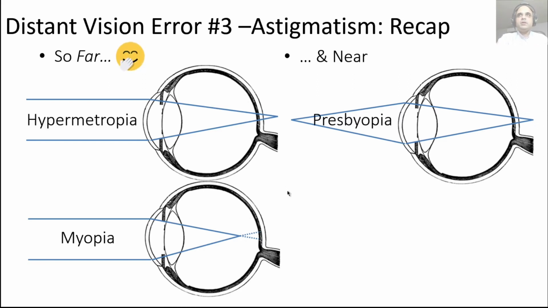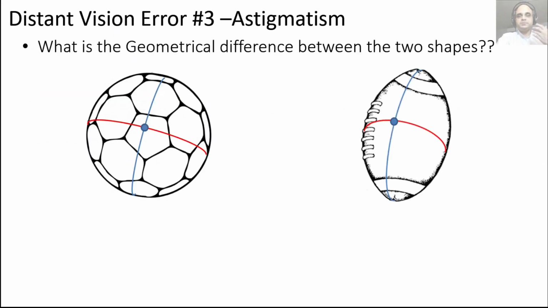Before we go on and actually talk about astigmatism, let's just look at these two spherical shapes or geometrical objects and try and figure out how they are geometrically different from one another. And the best way to describe that is by their radius of curvature. In spheres, the radius of curvature remains the same no matter if I am talking about its horizontal or vertical axis, or x or y axis, or x or y meridian.